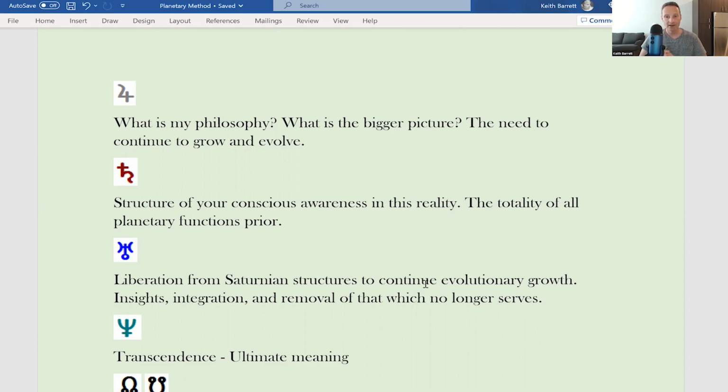So everything inside of Saturn is considered an inner planet, and then everything outside of Saturn's orbit is an outer planet, more generational, more beyond the five senses, right? And so think of Saturn as your conscious awareness, how you're constructing your reality, right? And so how is Alanis going to construct her reality, right? What is it going to be based off of?